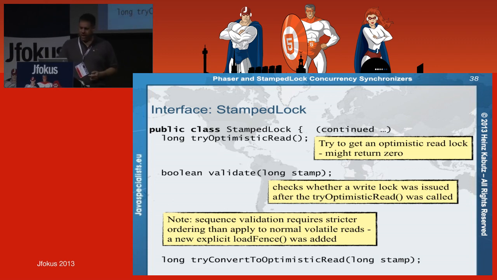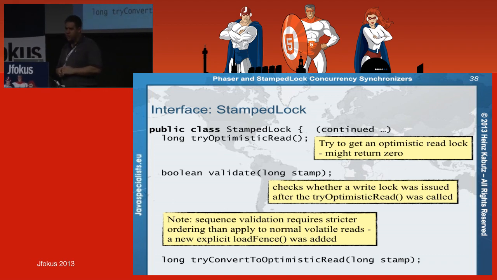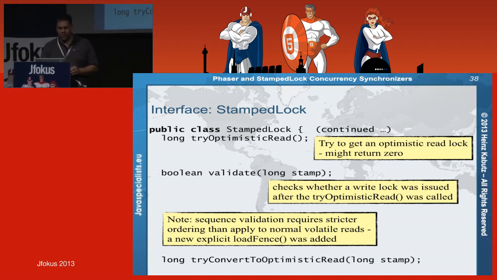So we try to get an optimistic read lock. You might get 0 back if you can't get it, if it's being held by somebody else. And what we then do is we check whether the write lock has been issued. If we have, then we have to basically abandon that. Now, this is something we actually weren't able to do very easily with Java. There were some hacks that were floating around.